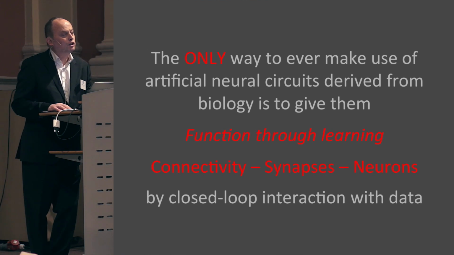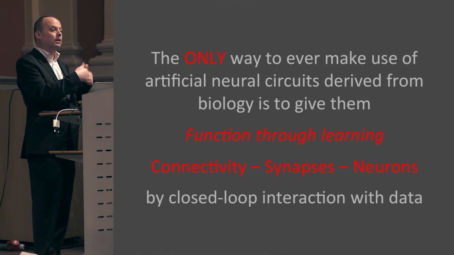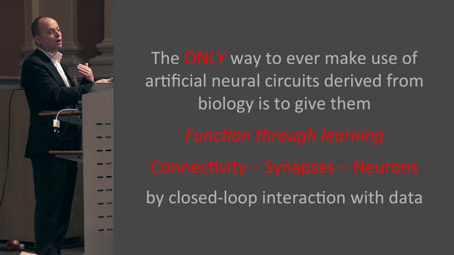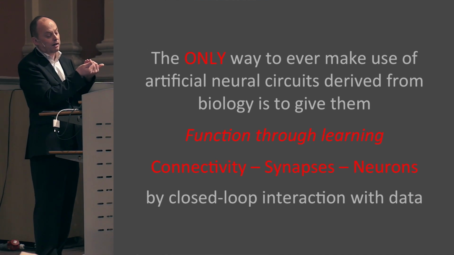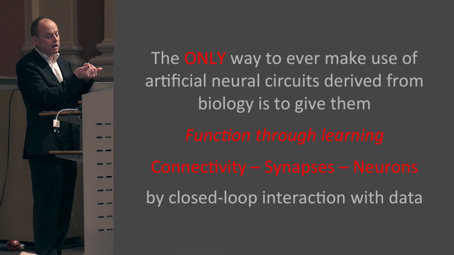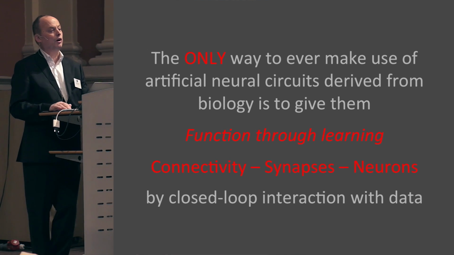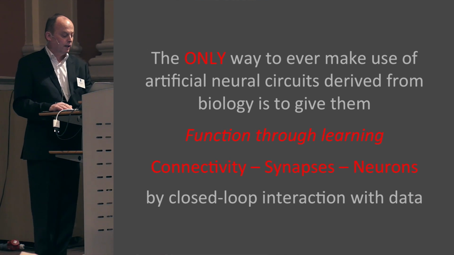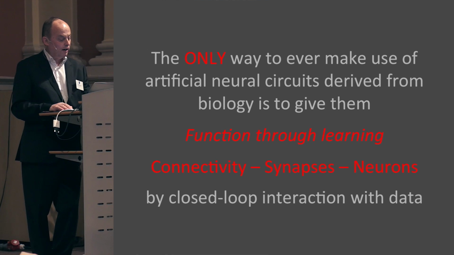You can give function through theory, through theoretical thinking, implementing and seeing whether it works. That's one thing. But in the end, it will be key to give function through learning. That means through interaction with the data. And that function through learning concerns the connectivity of the network, the structure of the network, active rewiring on the fly, synaptic weights, and also neuronal plasticity. And that, for me, is a big challenge.